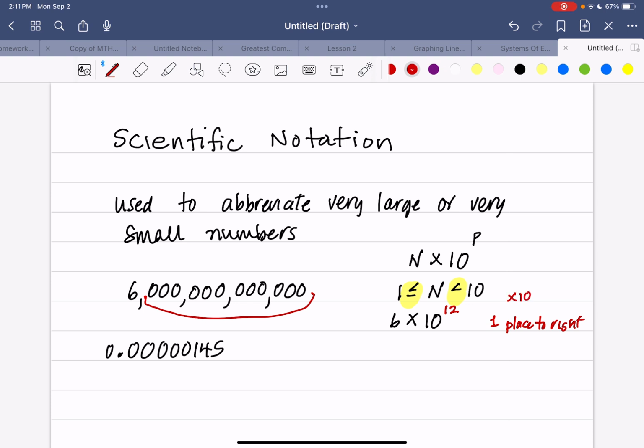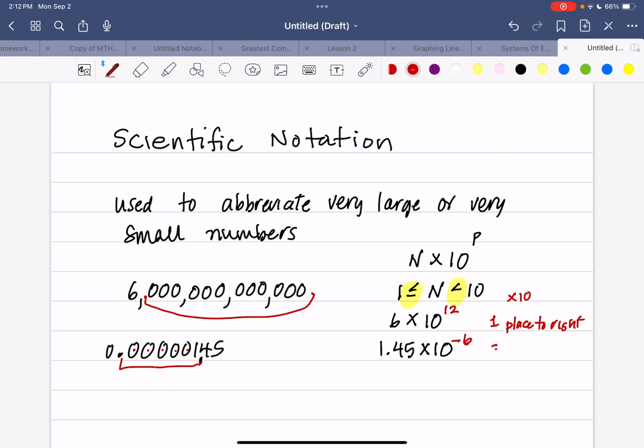And this one's going to be a negative exponent. It's going to be 1.45, because remember, it has to be between 1 and 10, so you go behind the first non-zero number. And this time, it's going to be a negative exponent. From here to here, I count 1, 2, 3, 4, 5, 6, negative 6.